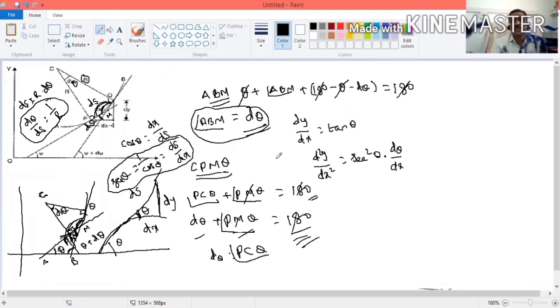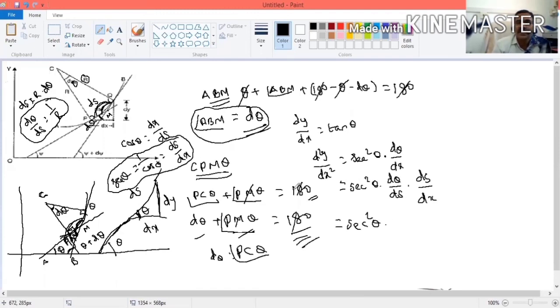Now what I am going to do is write secant square theta into d theta by ds, ds by dx. For d theta by dx here, in numerator and denominator I have multiplied by ds. So d theta by ds, ds by dx. Now here secant square theta into d theta by ds.